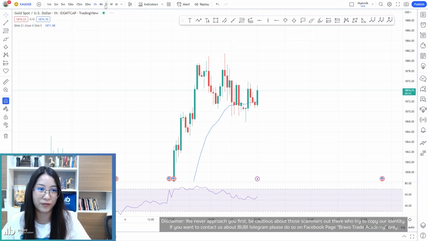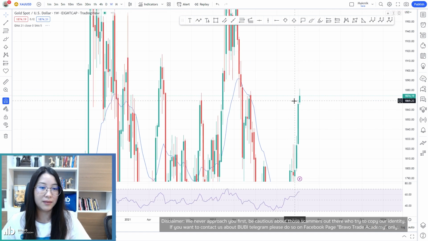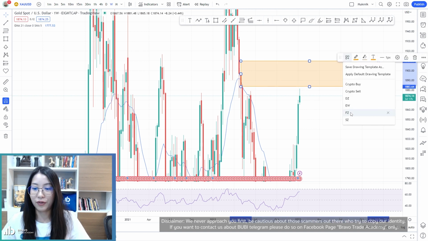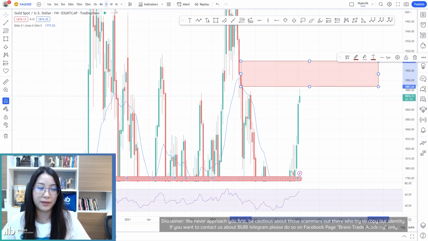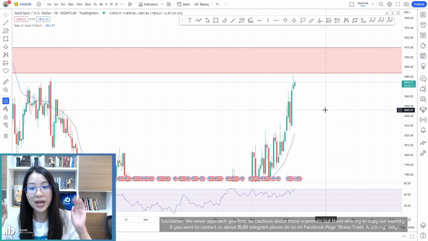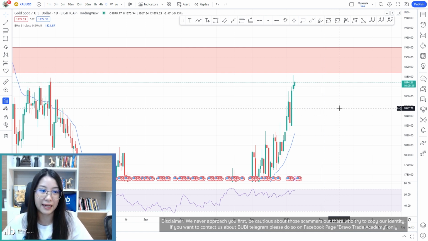So let me remove everything. Let's put the supply zone back up. That's the supply zone from the weekly time frame, right? But we have already gone through all the weekly and monthly time frame in yesterday's video. So today I'm going to start with the daily time frame.